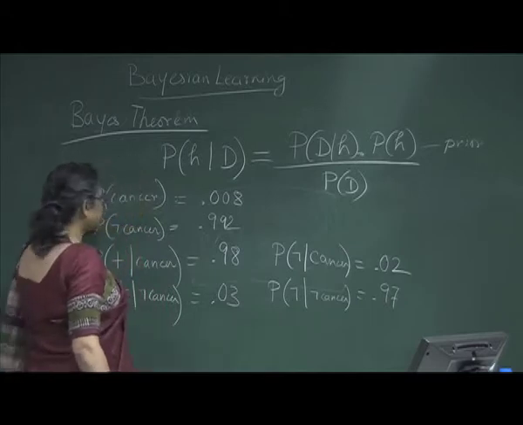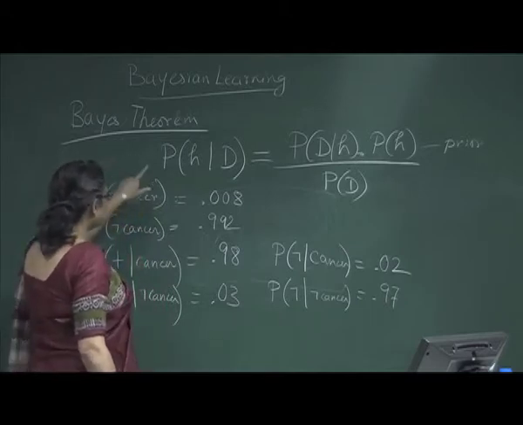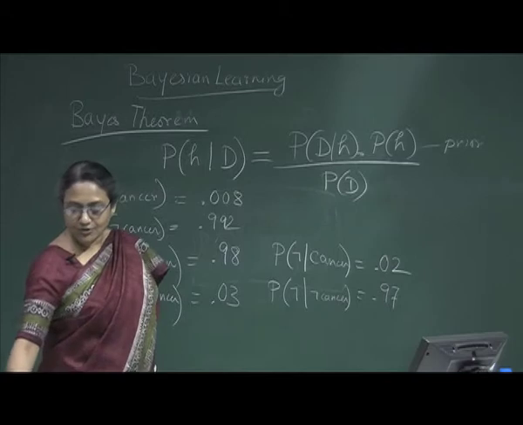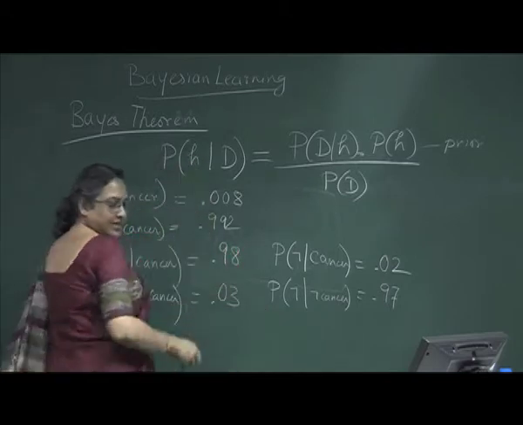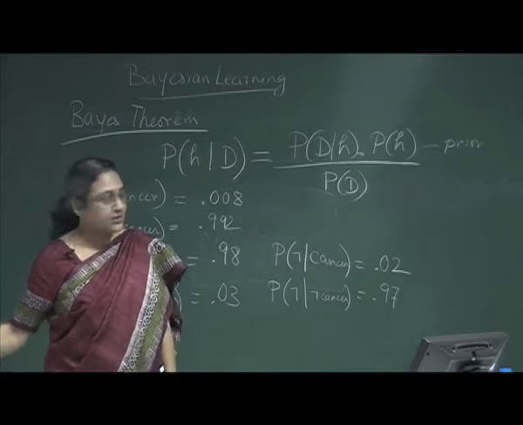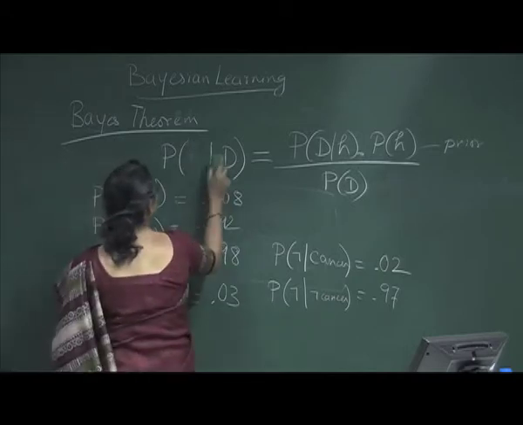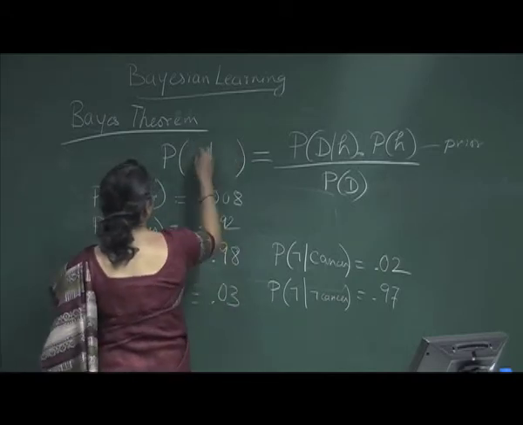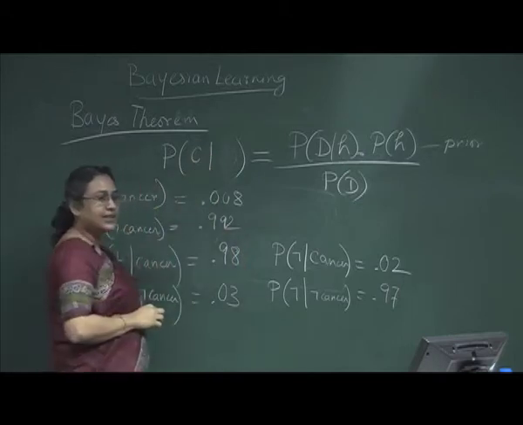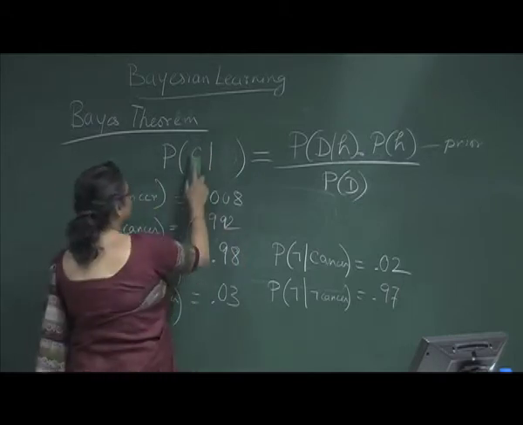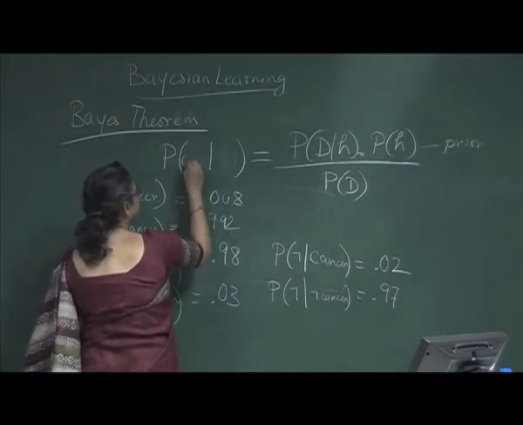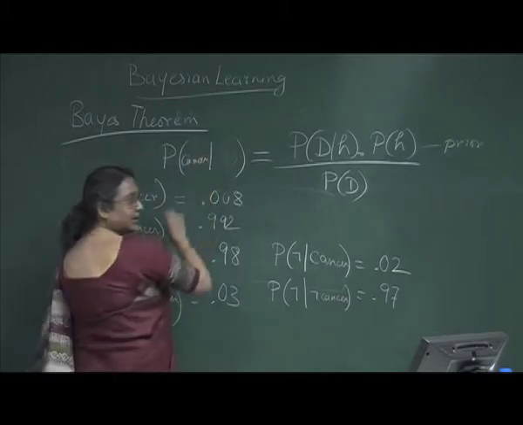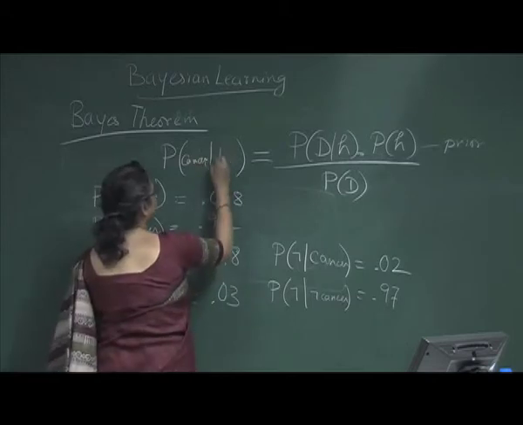Now, based on this, we can use Bayes' theorem. We want to find out the probability of cancer. The hypothesis is that the patient has cancer, given that the test is positive.